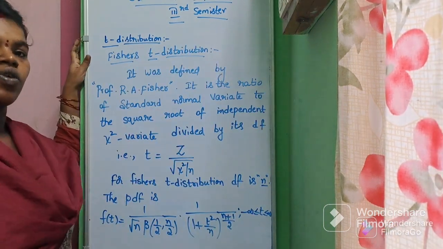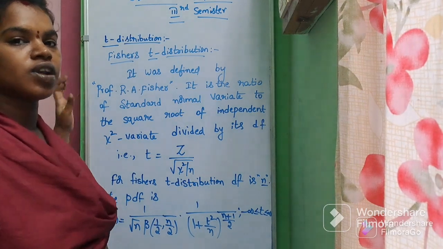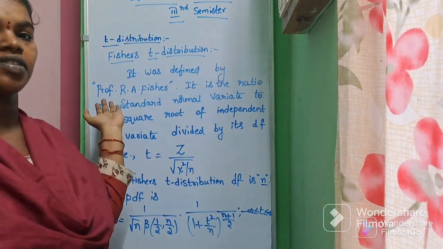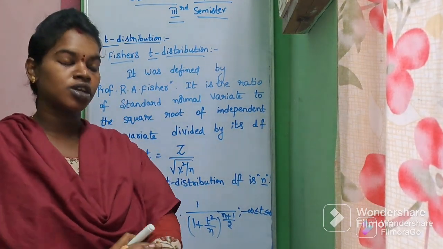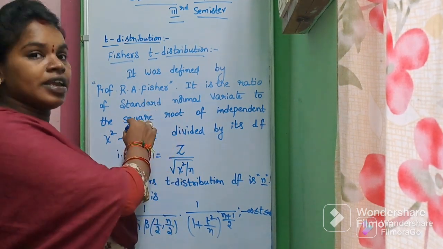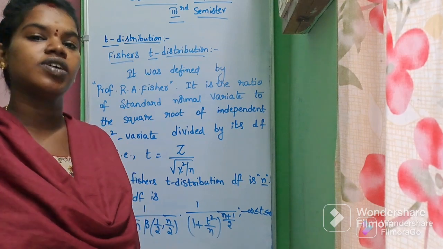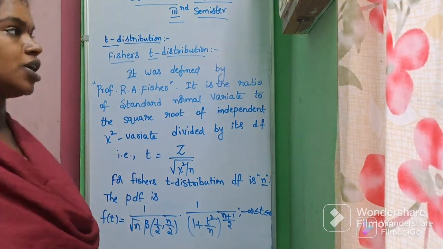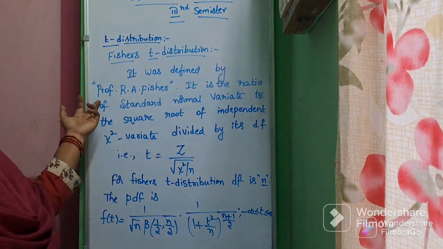The t distribution divides in two types. First one is student t distribution. Second one is Fisher's t distribution. Student t distribution was defined by W.S. Gosset, and Fisher's t distribution was defined by Professor R.A. Fisher.